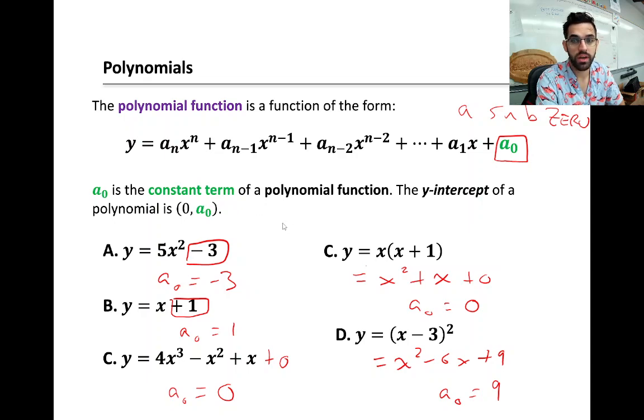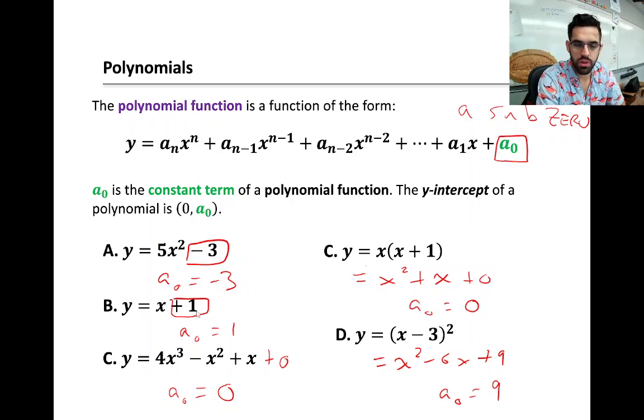It tells us the y-intercept of the polynomial's graph. So from our examples of polynomials, we have a minus 3 on example A. So a sub 0 would be negative 3. And then we can also say that on the graph of this, we're going to intercept the y-axis at negative 3. That's all that means.